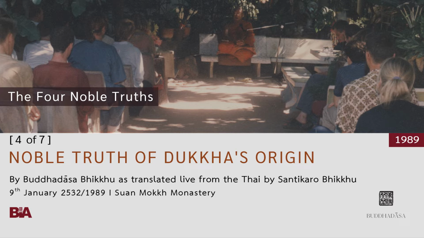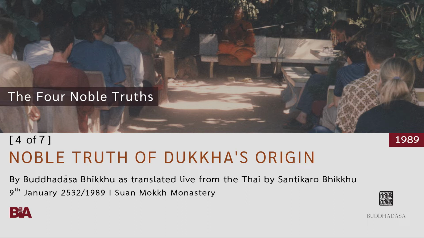The first one answers the question, what is dukkha? The second one answers the question, where does it come from? Where does dukkha come from? The third Noble Truth answers the question, for what purpose? What is the benefit and purpose of dukkha?